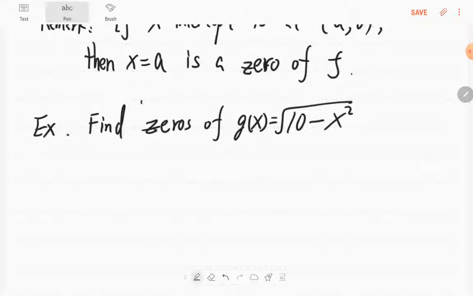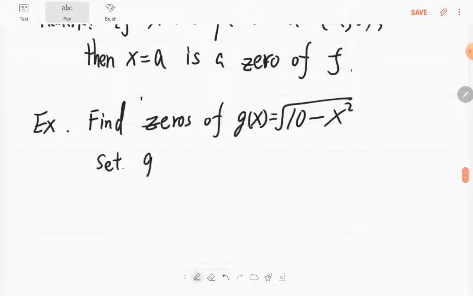We can use any other letters to replace it. So here I use g. g of x equals the square root of 10 minus x squared. To find the zeros, we just set g of x equals 0. In other words, the square root of 10 minus x squared equals 0.